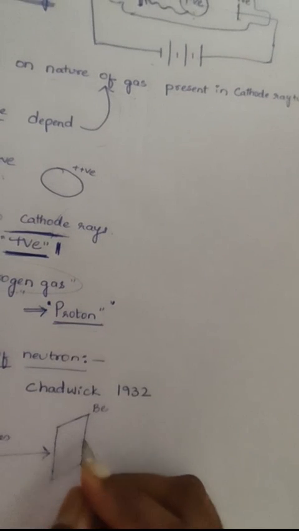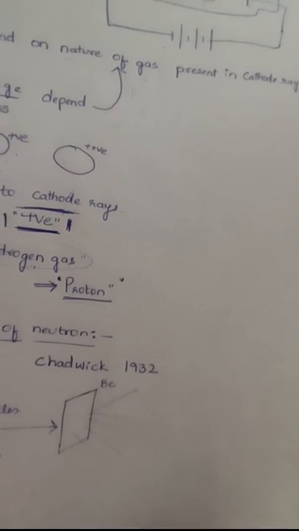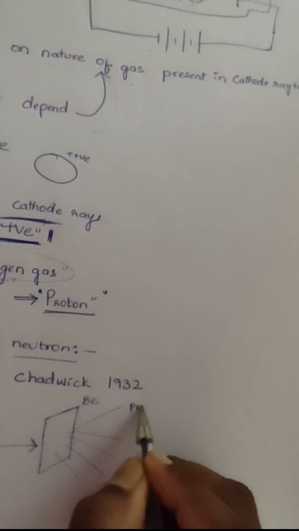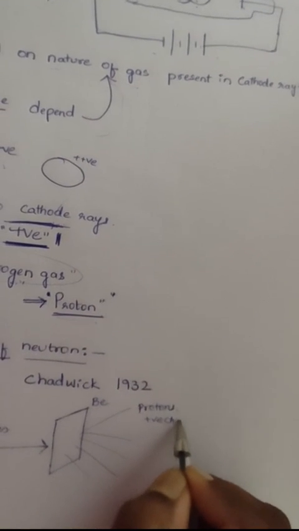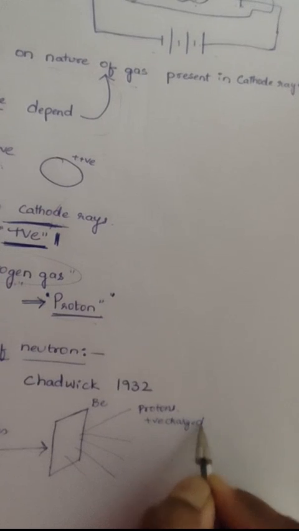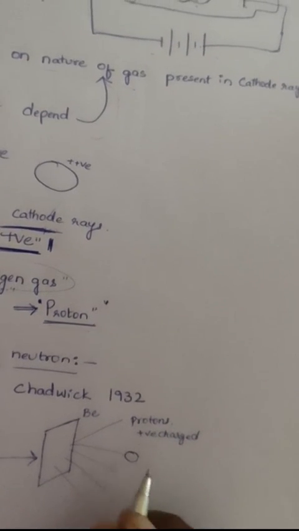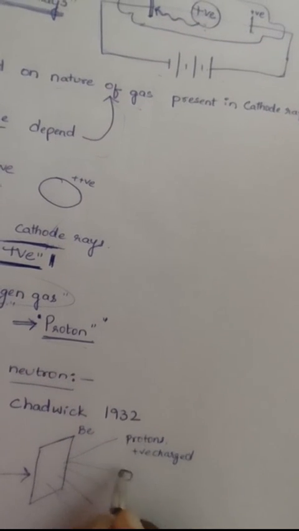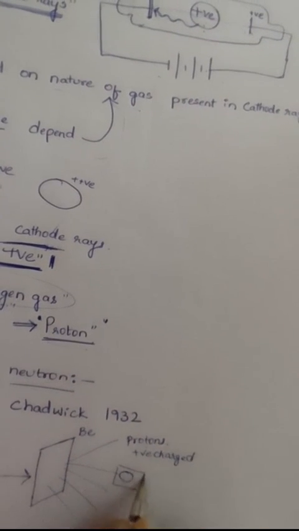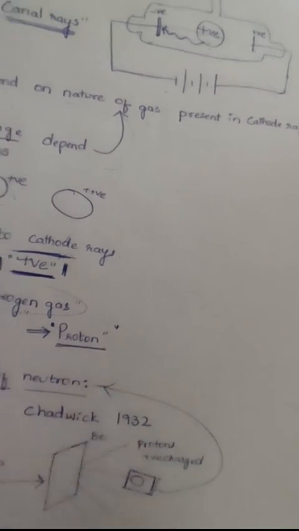And then the rays emitted from it showed 2 types of particles: protons, which are positively charged, and also some particles which are not charged but whose mass is slightly greater than proton, and Chadwick named them neutrons.